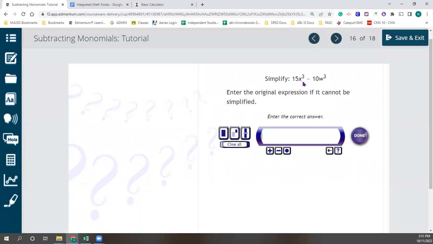15x^3 minus 10w^3. Aha, I cannot simplify that. Why? Yes, you are correct. I cannot simplify it because the terms are not alike. So I have to rewrite the original expression. I have to push the down button on my keyboard. Those of you that play video games with your keyboard know how to do all of that.